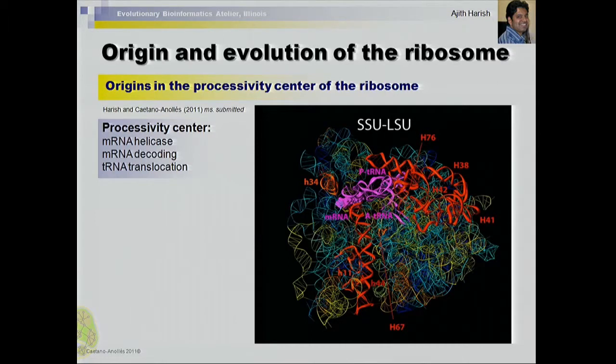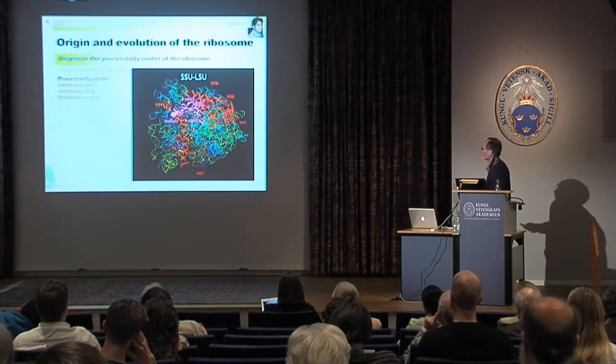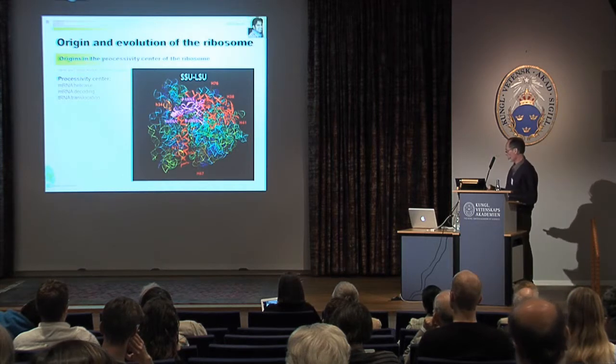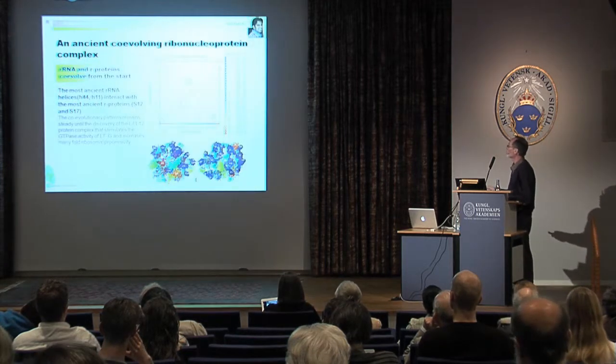So the origin of the ribosome, according to these results, is in the processivity center of the ribosome that is responsible for messenger RNA helicase activity, mRNA decoding, and transfer RNA translocation. This is the core of those functions, and those delimit the origin of this molecule.